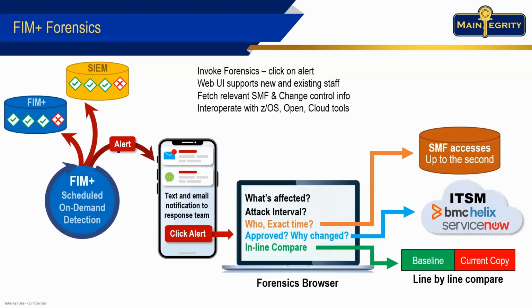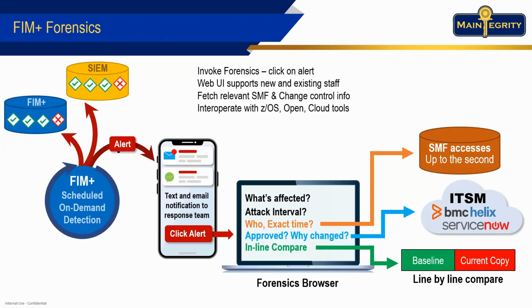The product also has the ability to go out to ServiceNow or Helix ITSM, which I think used to be Remedy, and check if there is a change control record that would pertain to the change, so that you can decide whether this was a legitimate change or something outside change control.